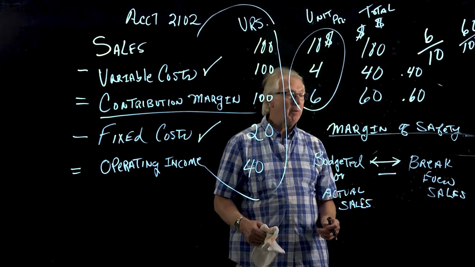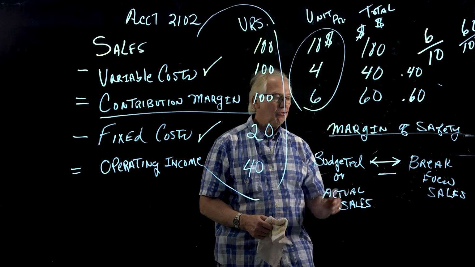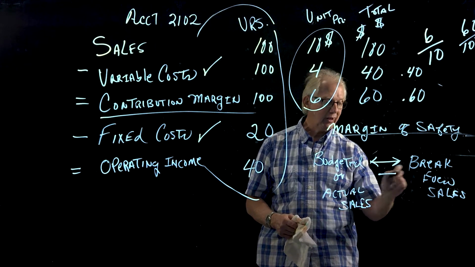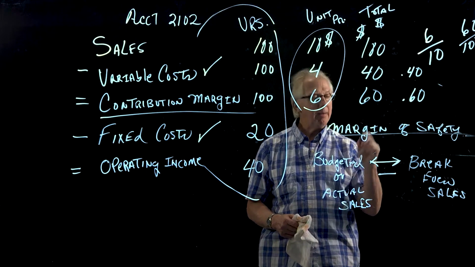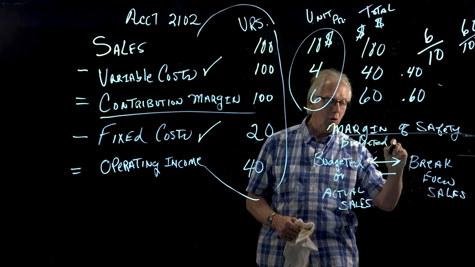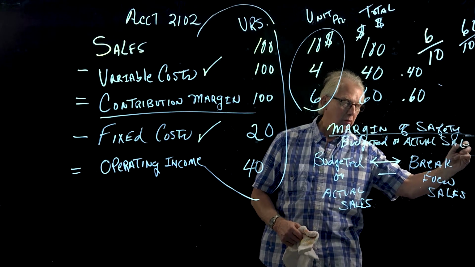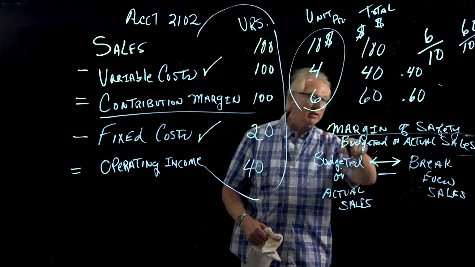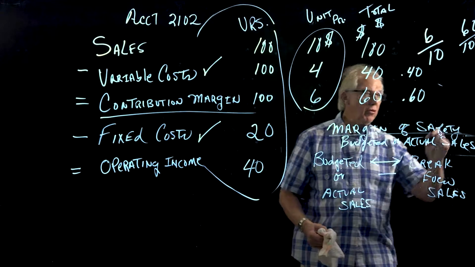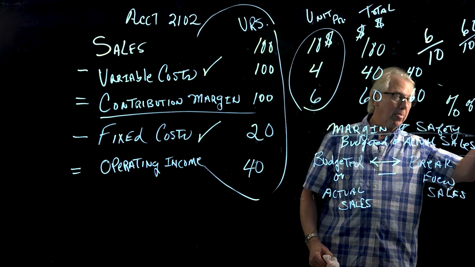Now, if the problem asks for margin of safety as a percentage, just take your margin of safety amount, the difference between budgeted and actual sales and break-even sales, and put that over the budgeted or actual sales number. Okay? So that's margin of safety divided by budgeted or actual sales gives you the percentage of margin of safety sales.